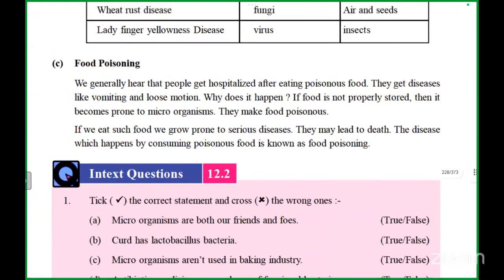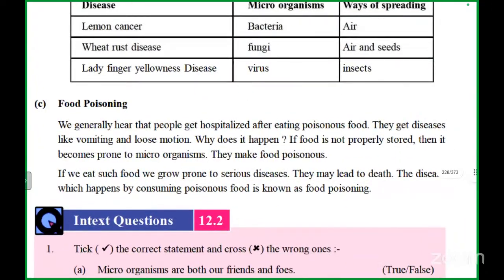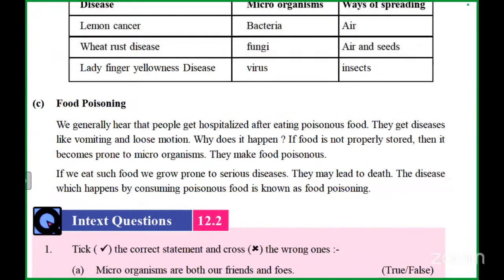Then food poisoning. We generally hear that people get hospitalized after eating poisonous food. They get symptoms such as vomiting and loose motion. Why does that happen? If food is not properly stored, it becomes prone to microorganisms. They come into it, multiply, and poison the food, and the food becomes spoiled.